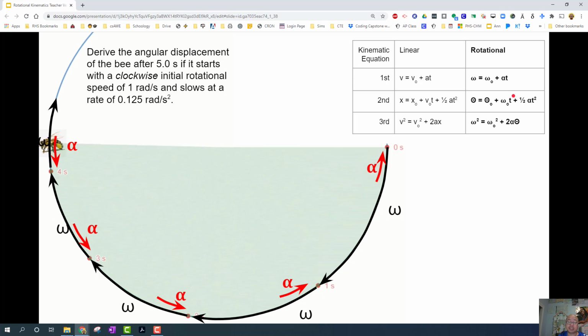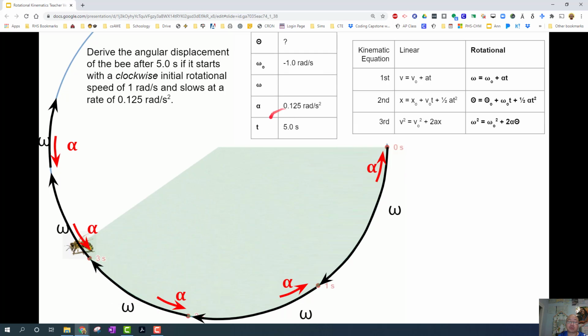So we've already drawn our vectors, our rotational acceleration, and our rotational velocity vectors. We make, again, a list of the 5 variables that are studied in rotational kinematics. We identify the 3 that we know.